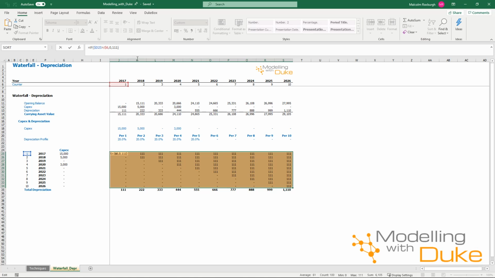So if we come into the formula here and get rid of the ones, I'm going to multiply my capex for the row, multiply by the correct percentage from my depreciation profile. Now in order to get that, for the first row it would work if I just multiplied by this.